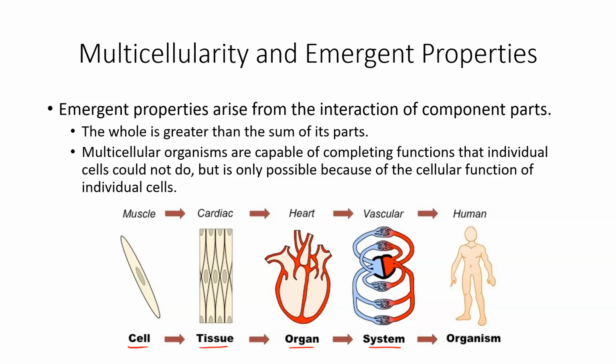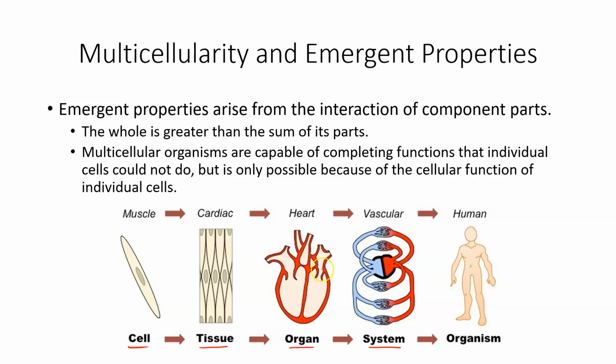They are the most basic unit of life, and so cells come together with similar cells. So for instance, heart cells, the cells that make up the heart organ, the cardiac cells are going to come together with other cardiac cells to make cardiac tissue. The cardiac tissue is going to come together with other specific forms of cardiac tissue to make the entire organ that is the heart.